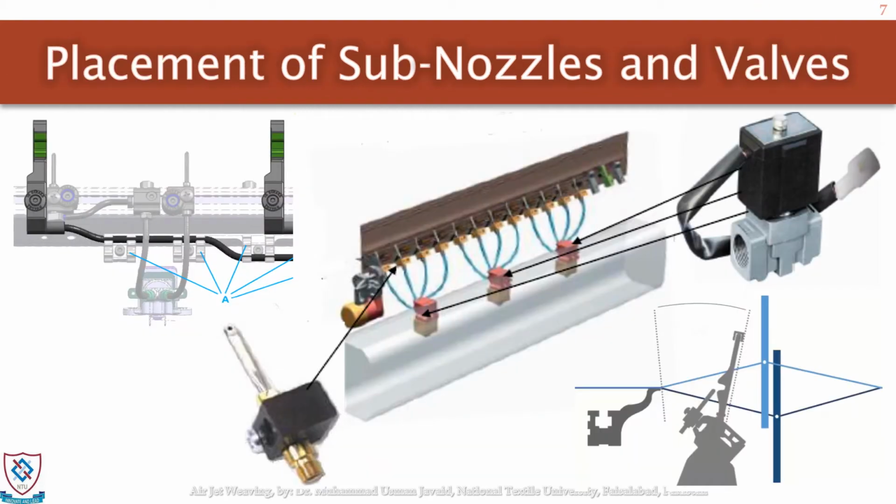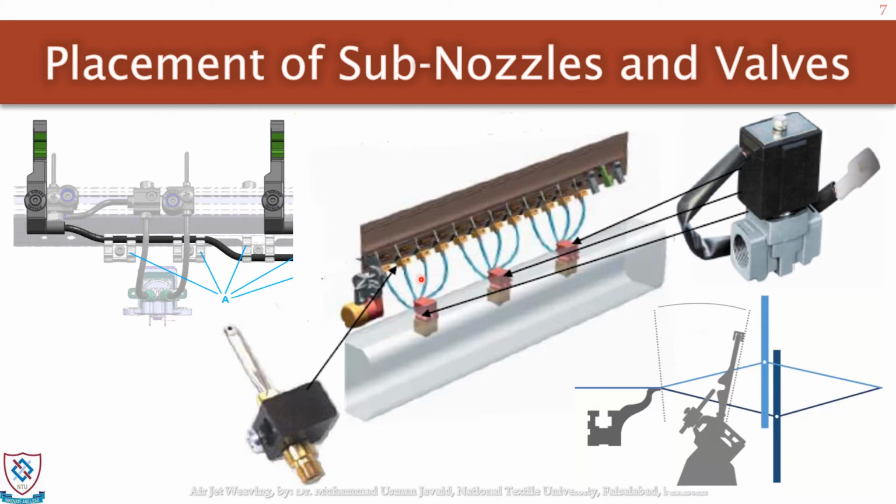Now I am showing you how these sub nozzles are placed on the machine. These sub nozzles are placed on the sley of the machine, and this sley moves along with the reed for the beat-up. The sub nozzles are placed exactly in front of the reed, and the air is supplied to them from here.